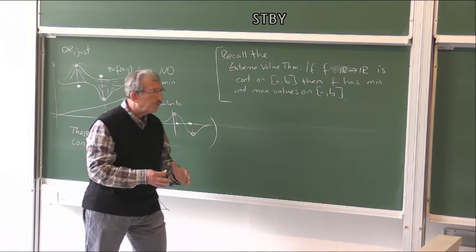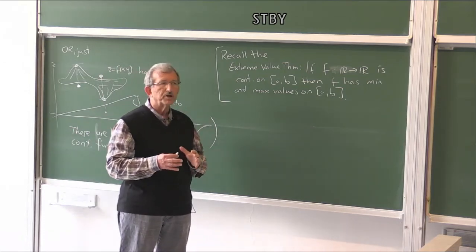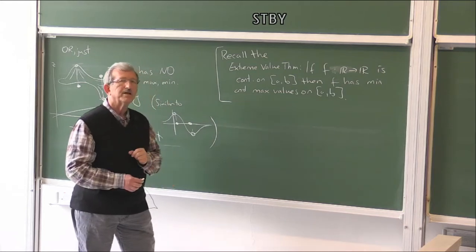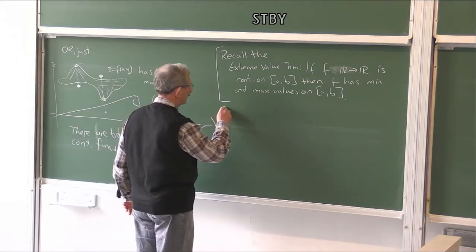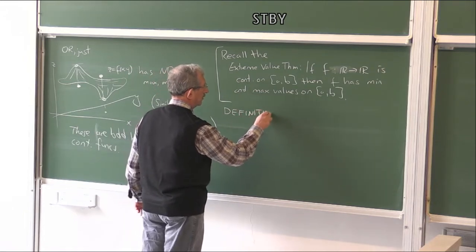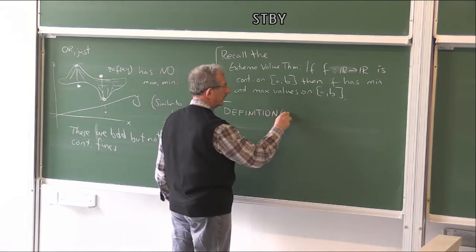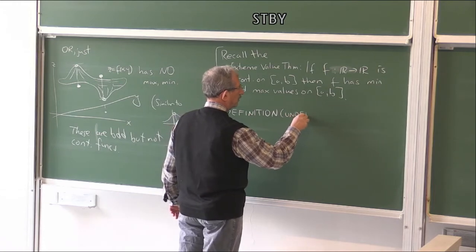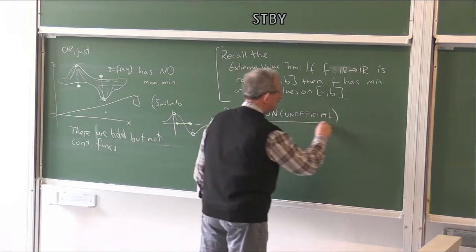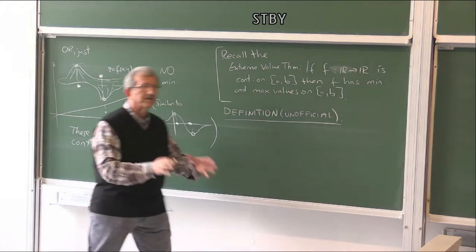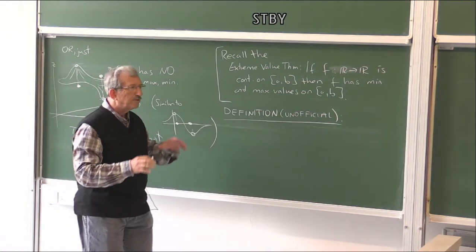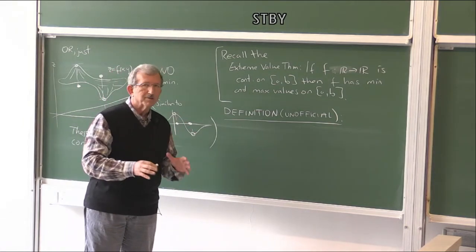We are, at this point, not in a position to characterize them rigorously, but unofficially, we will make the following definition. This is not a very mathematical definition because we are not defining everything we use, but we rely on our common sense.